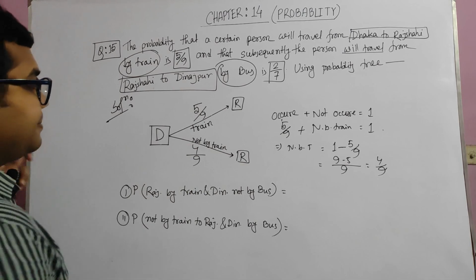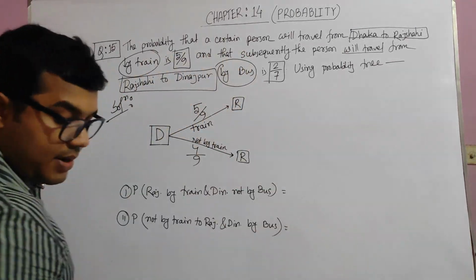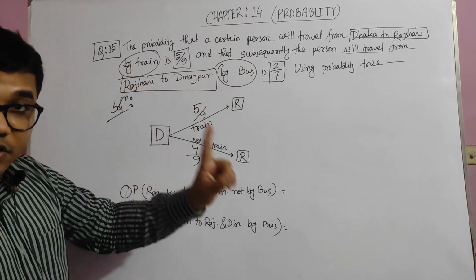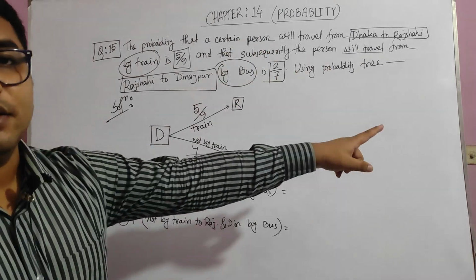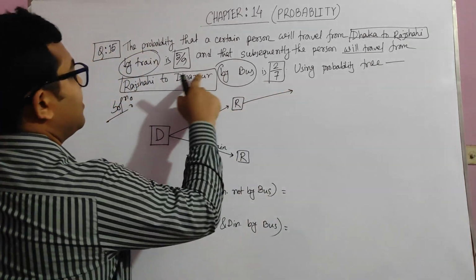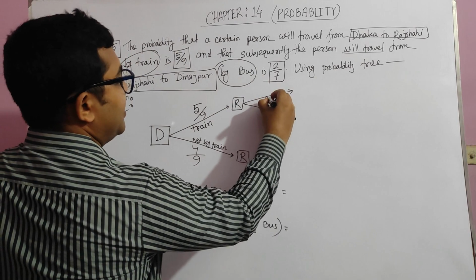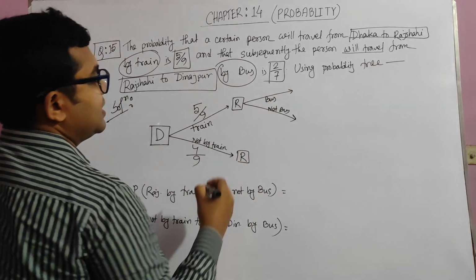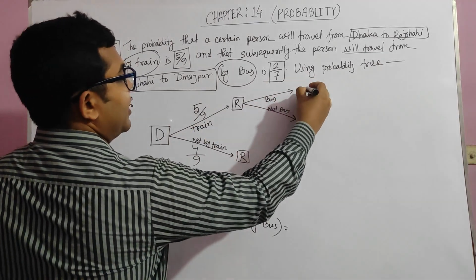Okay, so this is our first part, and the second part is he has to travel subsequently, that means Dhaka to Rajshahi, then Rajshahi to Dinajpur. Rajshahi to Dinajpur can be traveled by bus or not by bus.